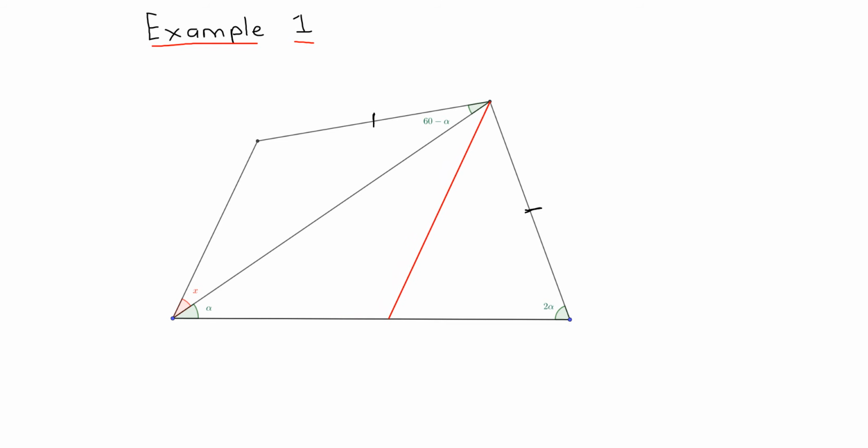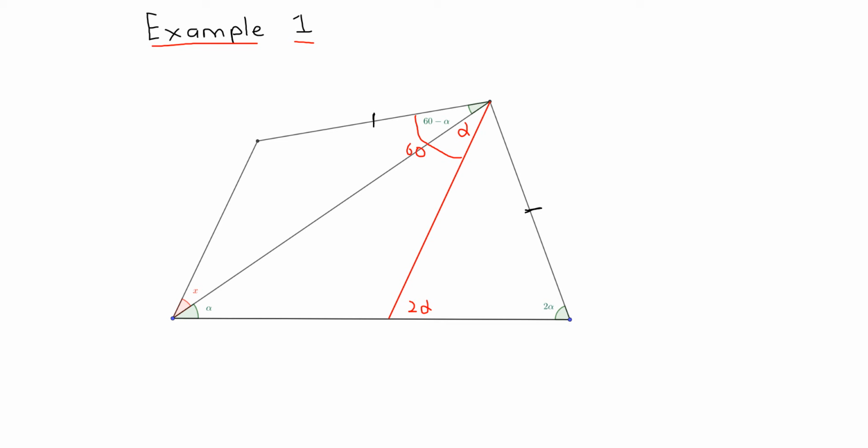And we've now got our 2 alpha here, but because this is 2 alpha, this is alpha, I get another alpha up here. But let's look at what these combine to. 60 minus alpha and alpha, well, those just combine to 60.